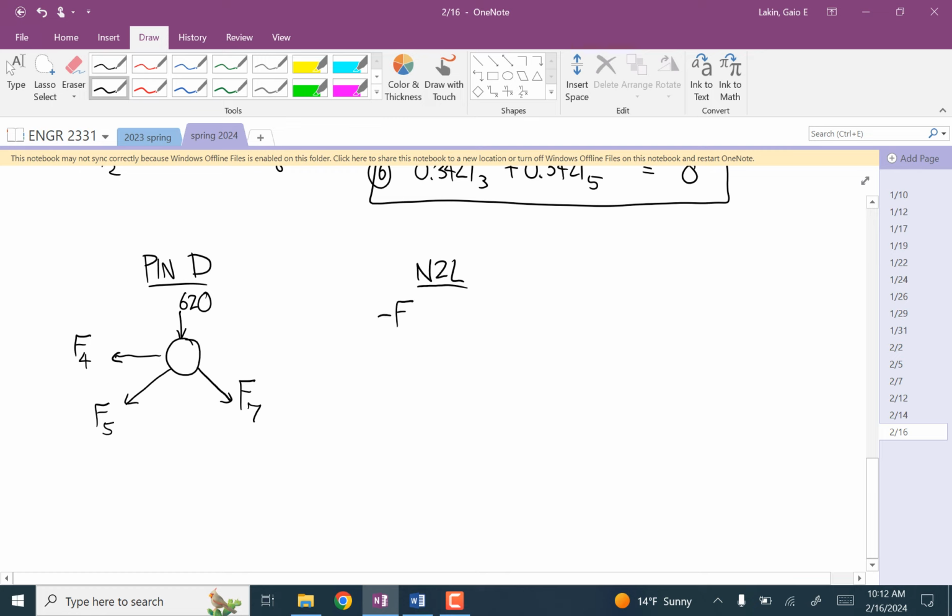So negative F4 minus 0.940 F5 plus 0.940 F7 is equal to 0.